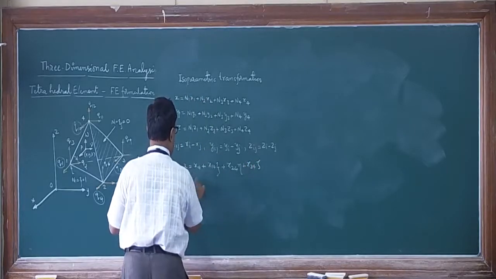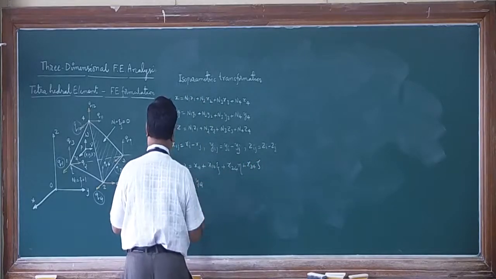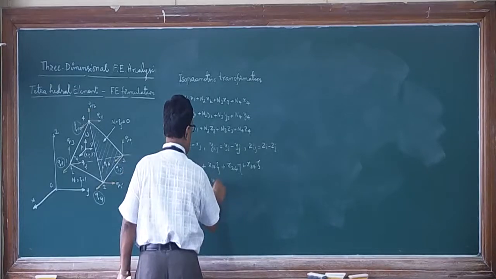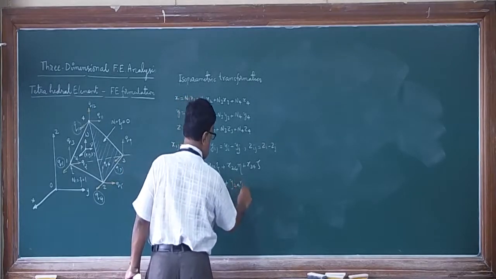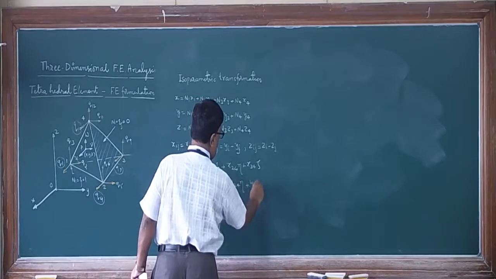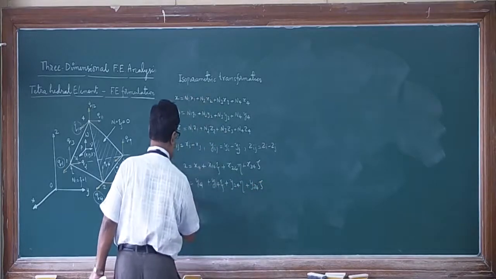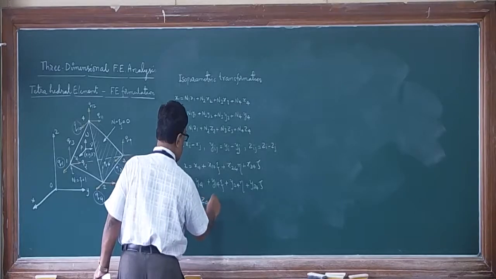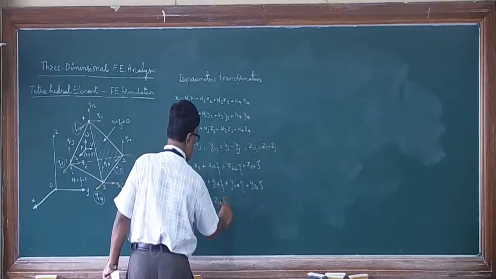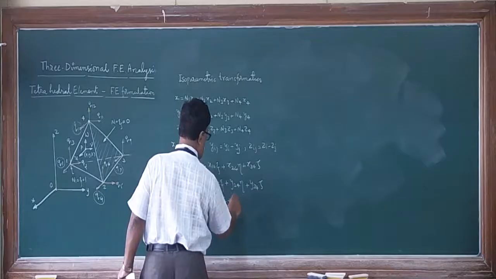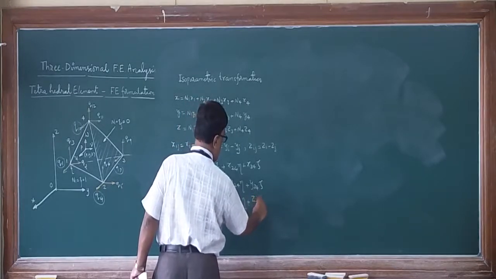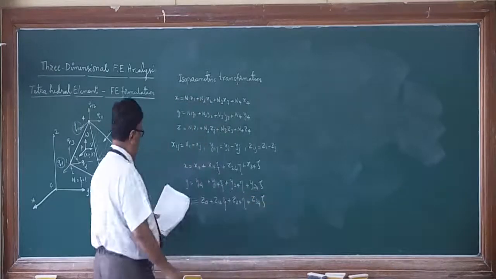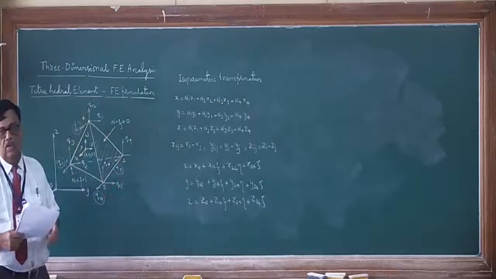Similarly, y equal to y4 plus y14 zeta plus y24 eta plus y34 theta, and z is equal to z4 plus z14 zeta plus z24 eta plus z34 theta. This is the way we can write all these things.